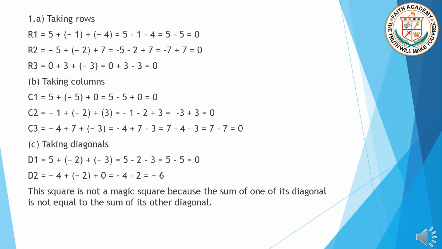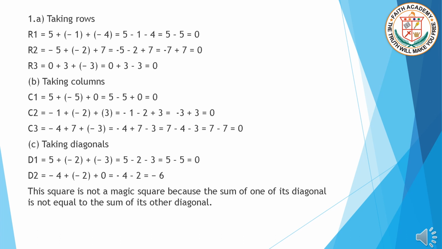From the top it is row 1, second from the top is row 2 and third from the top is row 3. And if we are talking about the column, we'll always start from the left side. So that means on the left hand side, the first column is column 1, second one is column 2 and third one is column 3. And when we are talking about diagonals, we always start from the left hand side top.